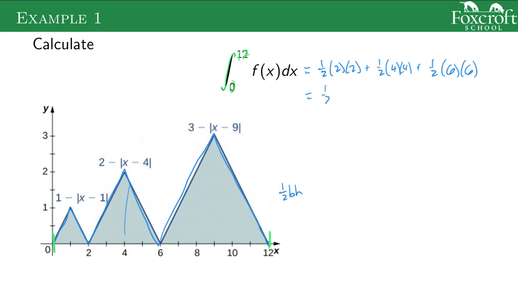So that's 1/2 times 4 plus 1/2 times 16, plus 1/2 times 36. And we get 28. We're going to have to learn more difficult ways to do this, but as long as you know that this symbol represents area and you can find some basic areas, you're going to be fine.